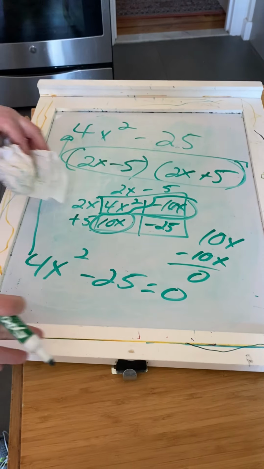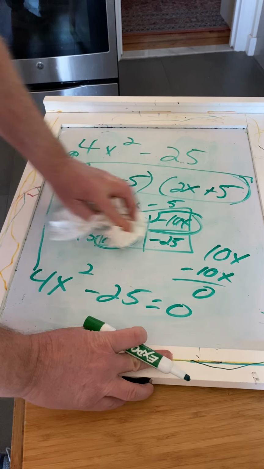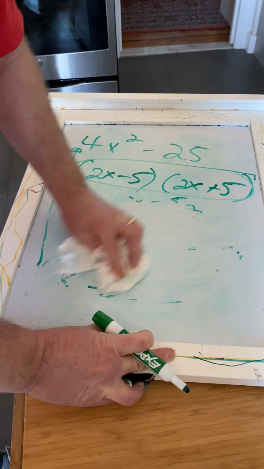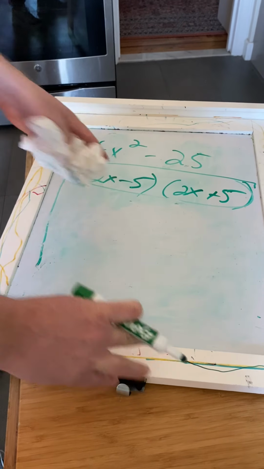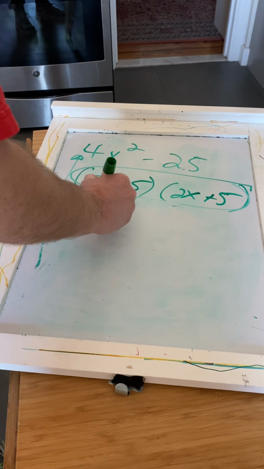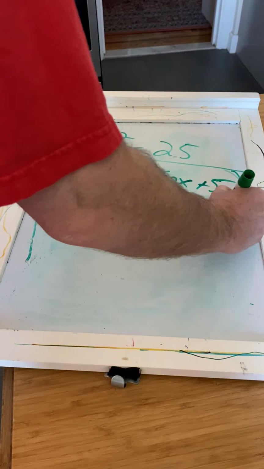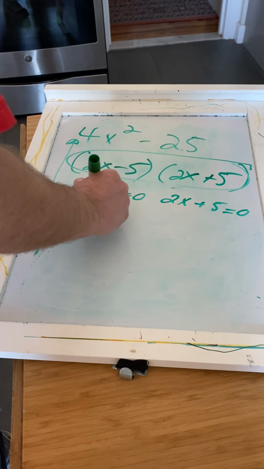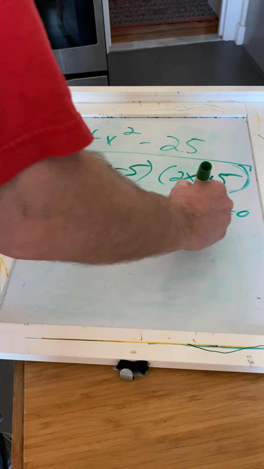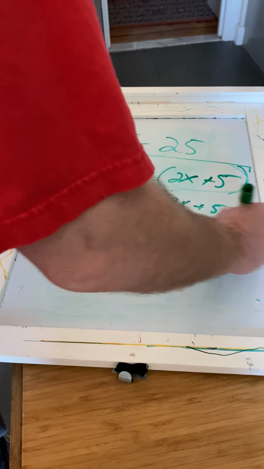If I wanted to, not if I wanted to, you have to do this. We're going back to the factors. I'm going to set them equal to 0. And we're going to find out what the roots are. There's a couple of extra steps here, but not many, right?